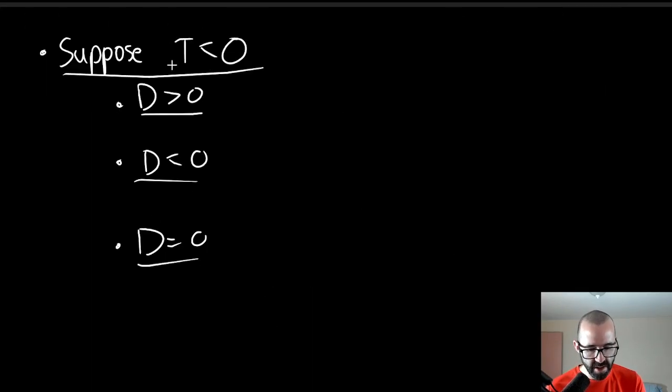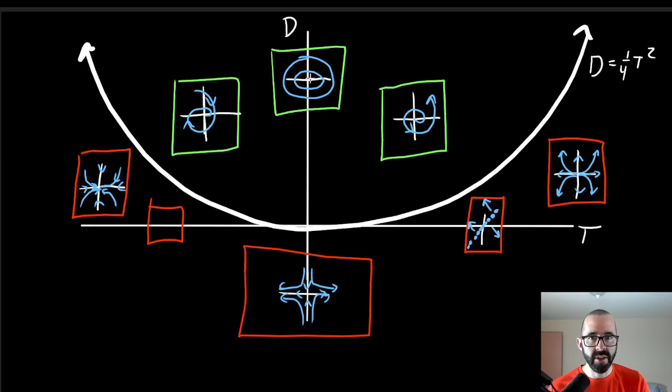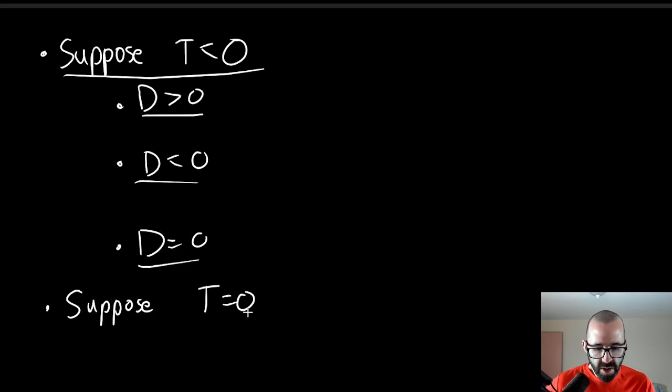Positive t, negative t. What happens if t is 0? Well, if t is 0 and the determinant is positive, we have the center. If t is 0 and the determinant is negative, have we covered that?